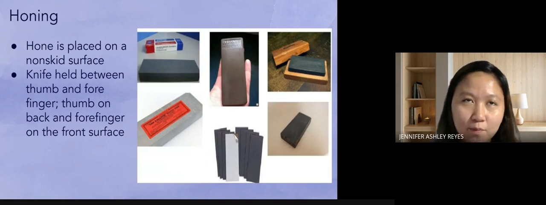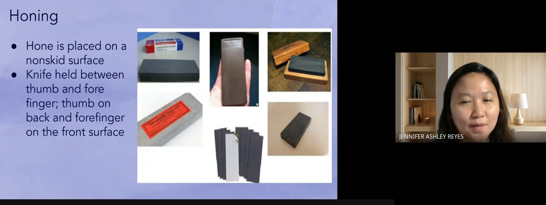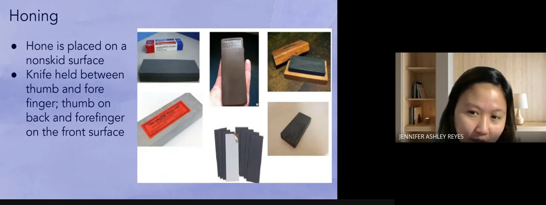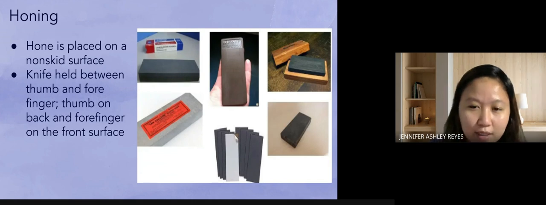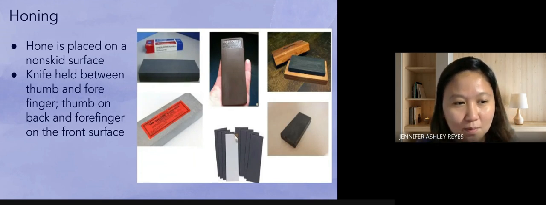Aside from the type of knife and the different angles, you also have to maintain the strength and the sharpness of your knife, or the ability to cut tissues precisely. So you have honing and stropping. Honing is used to sharpen steel knives, but we don't do that with disposable blades.